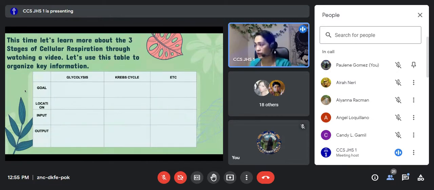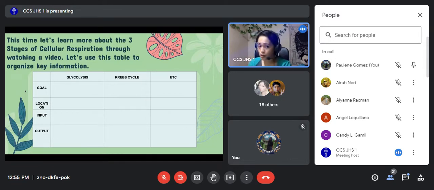Just like what we did yesterday, we will only focus on four specific details regarding the specific stages. We have three stages, as I've said: glycolysis, Krebs, also known as the citric acid cycle, and then the ETC or electron transport chain.